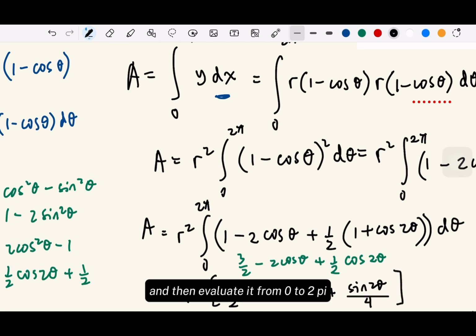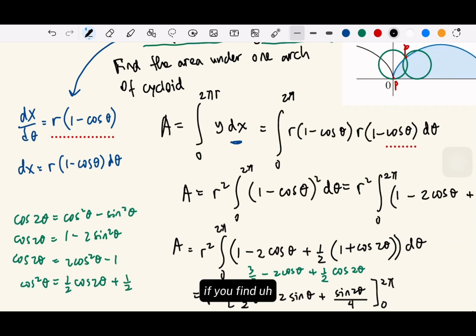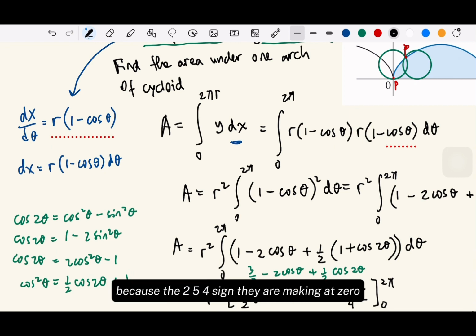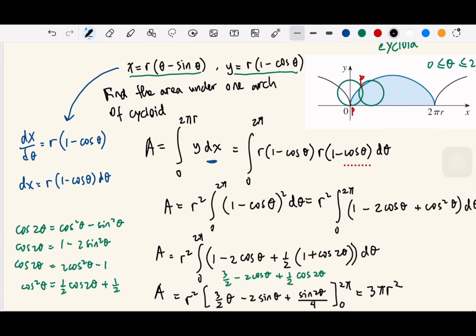And then evaluate from 0 to 2 pi. Because at 2 pi the sine terms become 0, we can focus on the 3 over 2. So it will be 3 pi, so 3 pi r squared. That is the total area.